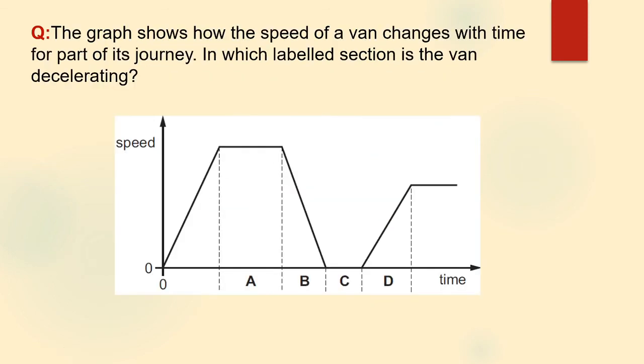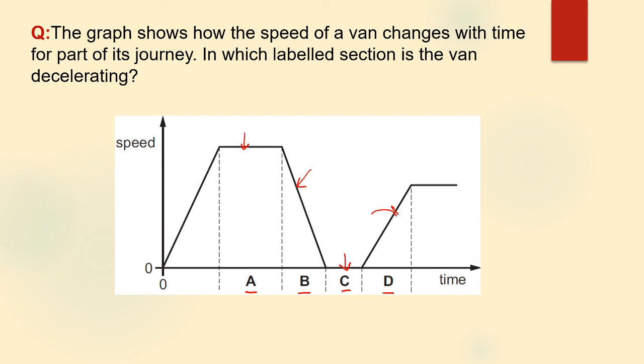We are going to try another question. The graph shows how the speed of a van changes with time for a part of its journey. In which labeled section is the van decelerating? So we have four sections here, A, B, C, and D. That means the object is moving with zero acceleration with a constant speed. And that means the object is decelerating. That means the object is at rest.